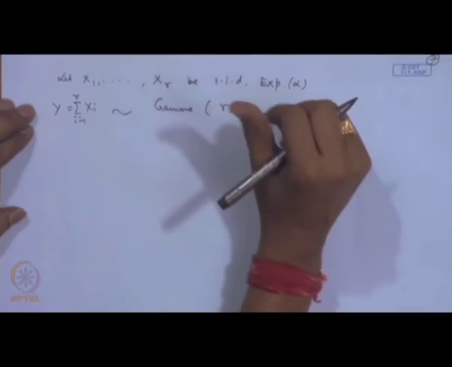Once again this can be explained in a physical setting. X1 can be considered as the waiting time for the first occurrence in a Poisson process. X2 can be observed as the waiting time for the next occurrence in a Poisson process. Xr can be considered as the waiting time for the rth occurrence in a Poisson process.